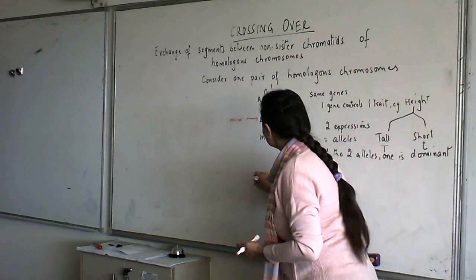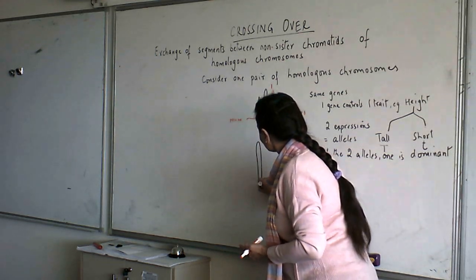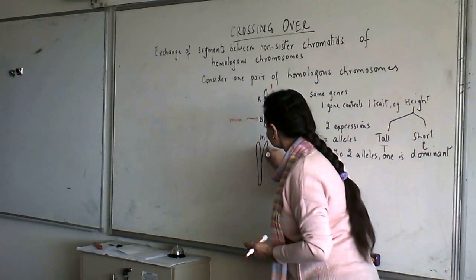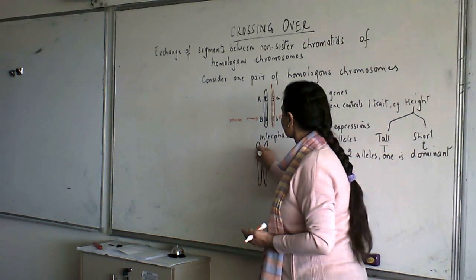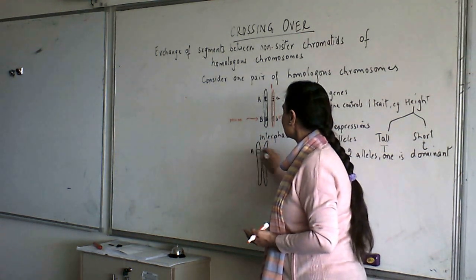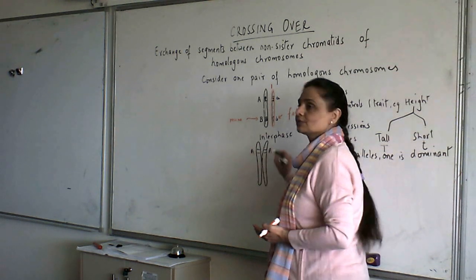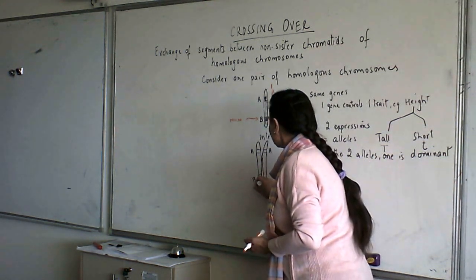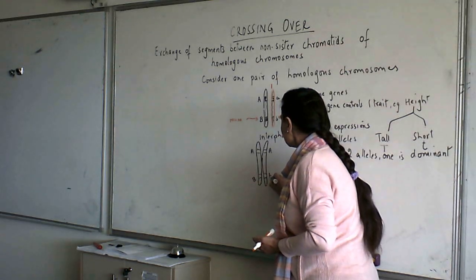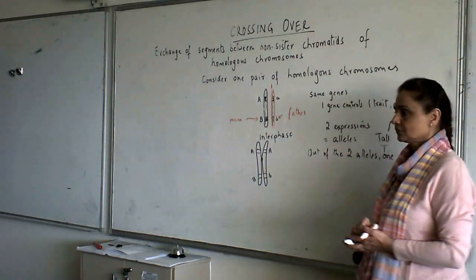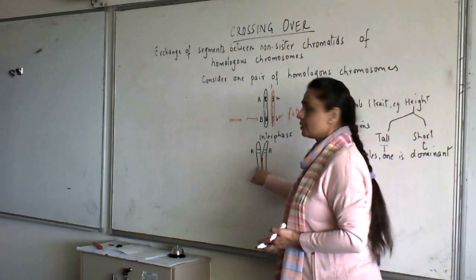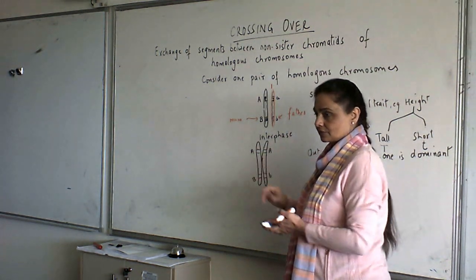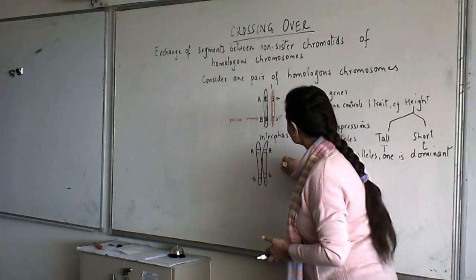So that'll just be the same thing. If it's a capital A here, it's going to be a capital A here as well. If it's a capital B here, it'll be a capital B here as well, because this is DNA replication, an exact copy. Same for the other chromosome.